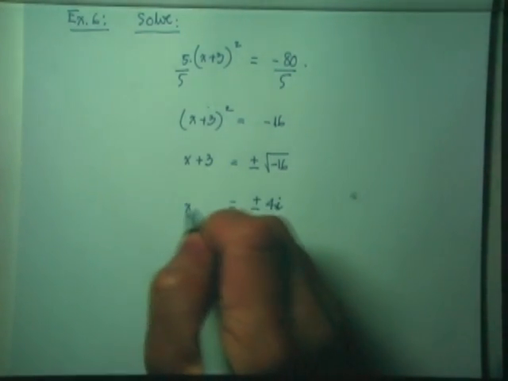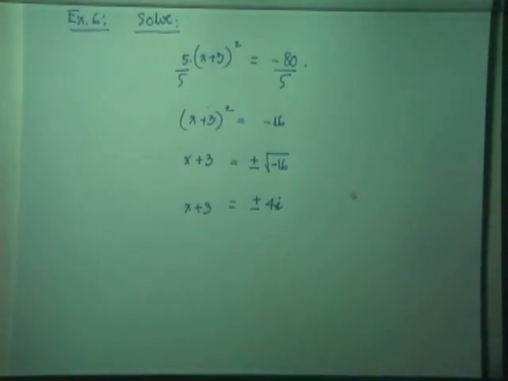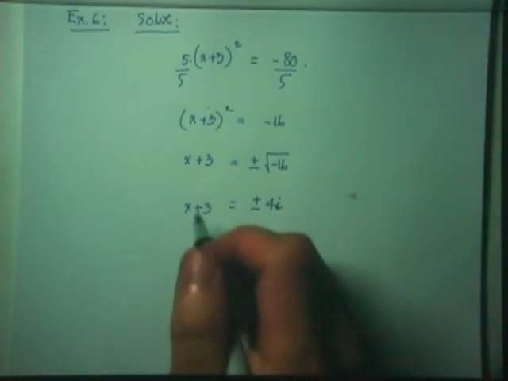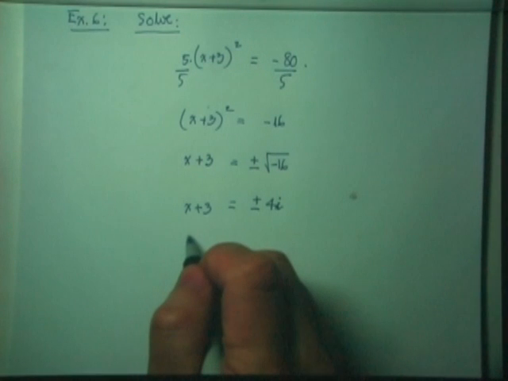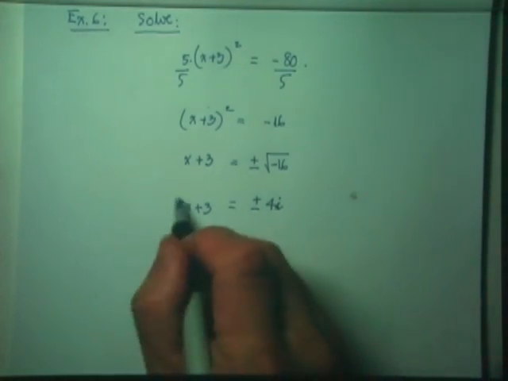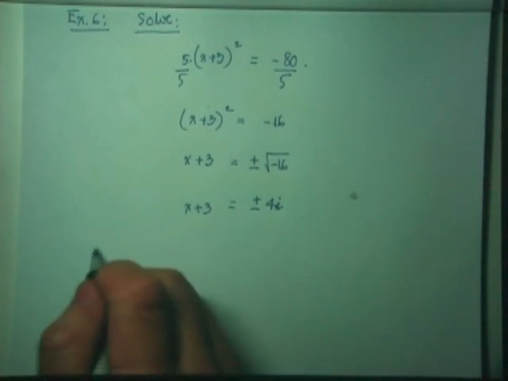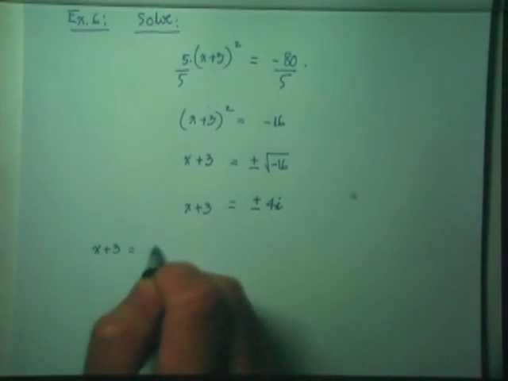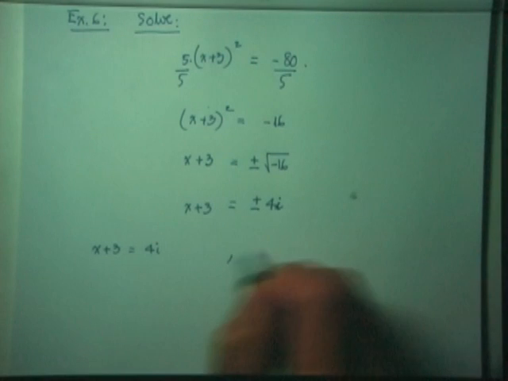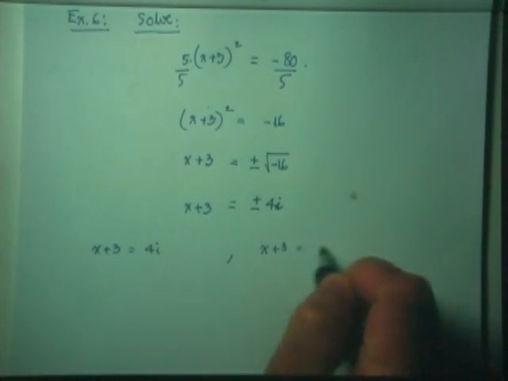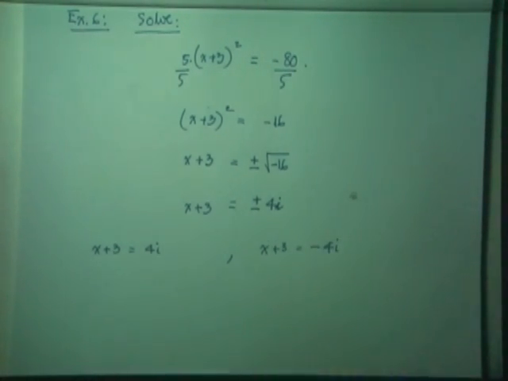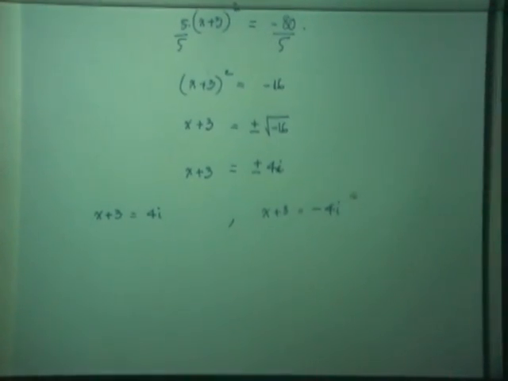And then x plus 3 equals plus and minus 4i. So at this point, I need to solve for x. This current equation is telling me that on one hand, x plus 3 equals 4i. On the other hand, x plus 3 equals negative 4i. And so I have two separate equations to solve for x.